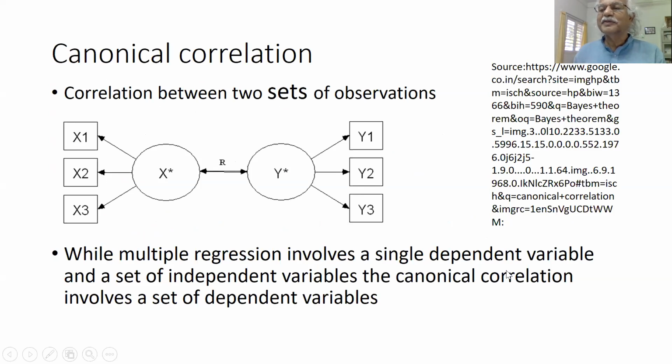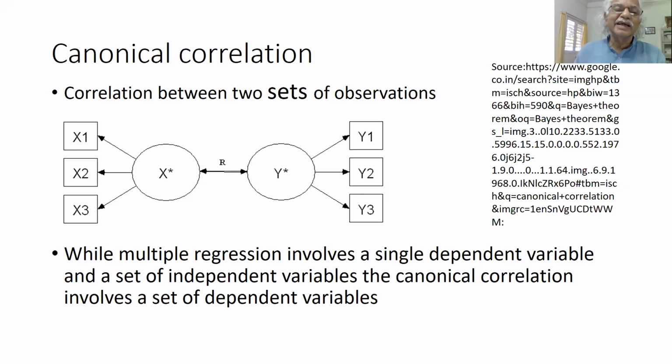There is a concept of canonical correlation. Let me spend a few seconds on this, because you know the concept of correlation coefficient. If there are two variables x and y, you can certainly calculate correlation coefficient between them at zero order, or Karl Pearson's correlation coefficient.